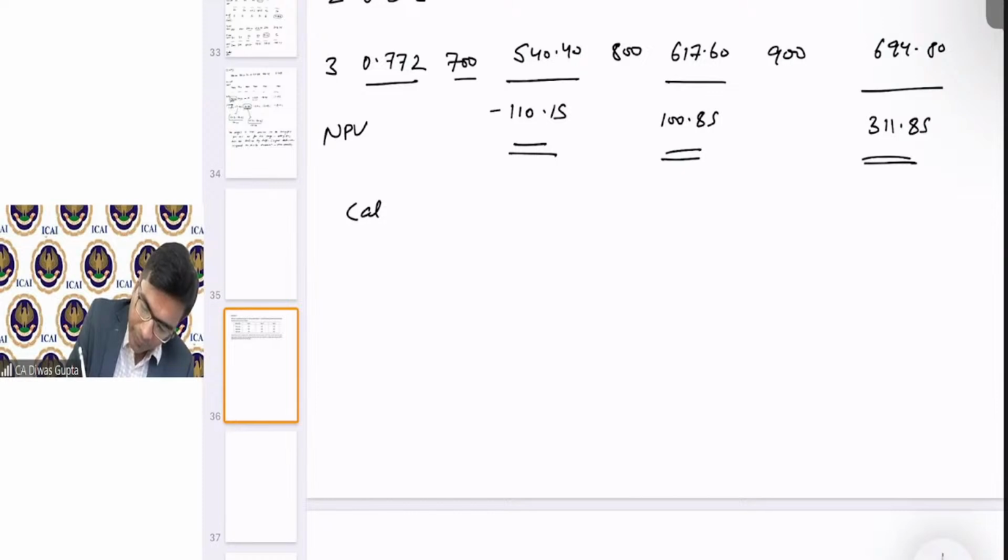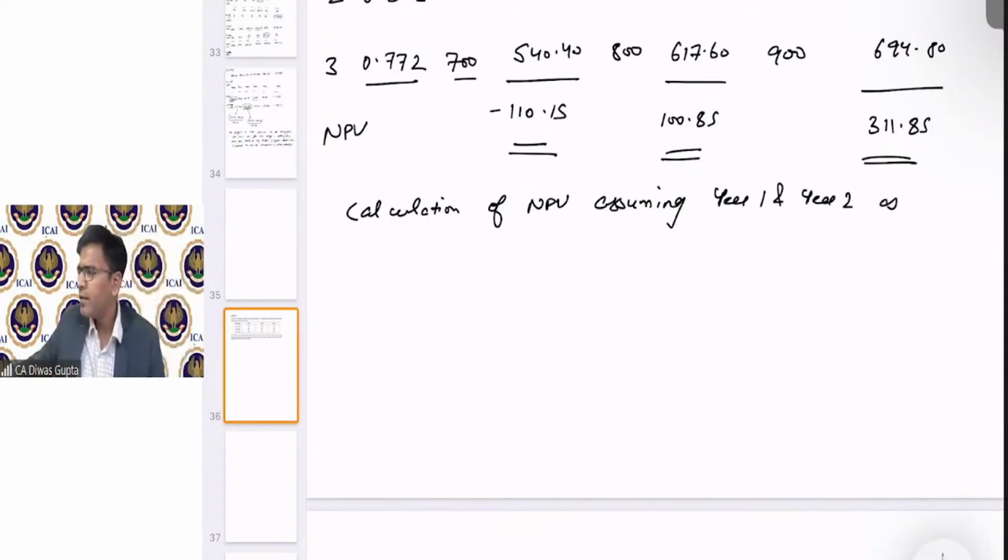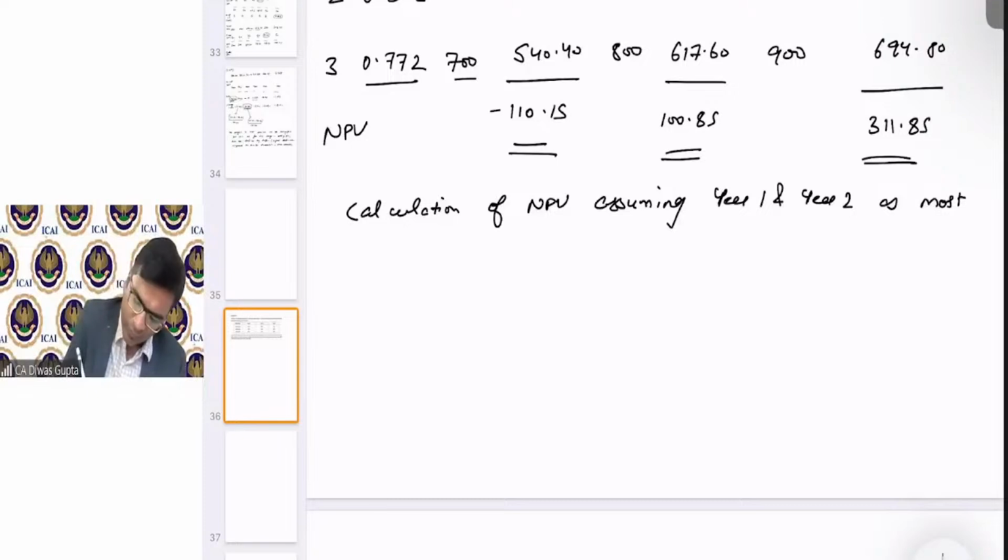So the calculation of NPV, assuming year 1 and year 2 as most likely and year 3 as worst case.